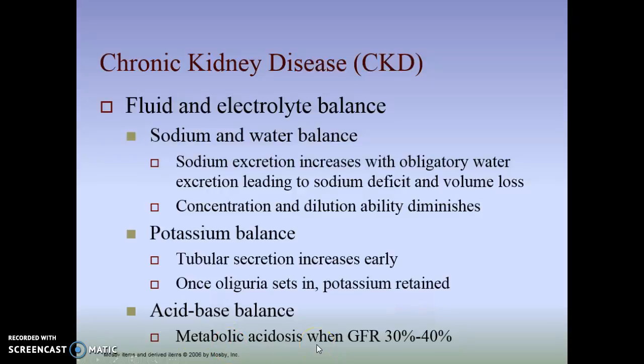Metabolic acidosis will develop when the glomerular filtration rate drops to the 30 to 40% mark, which you're probably at the moderate stage of chronic kidney disease.